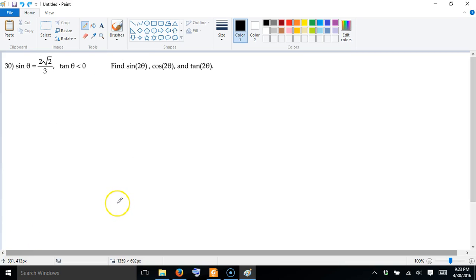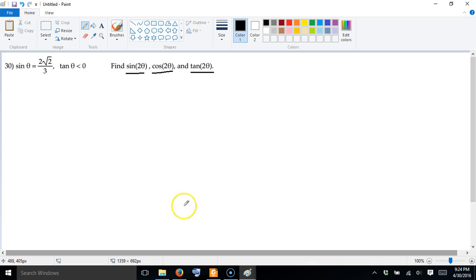Okay, so on this problem, again, we're going to be using our double angle identities because we're asked to find these values: sine of 2 theta, cosine 2 theta, and tangent of 2 theta. Now on the test, I may not ask you for all three of these. I may just ask you for one. But if I ask you for tangent of 2 theta, you might as well find sine and cosine.